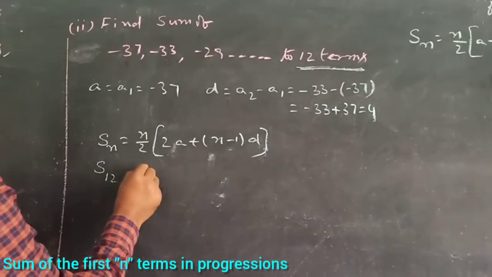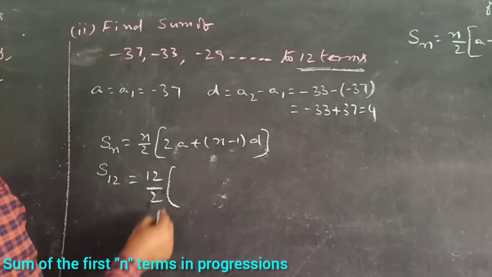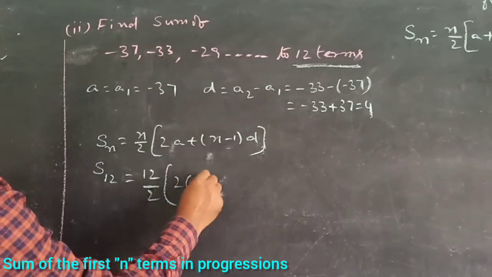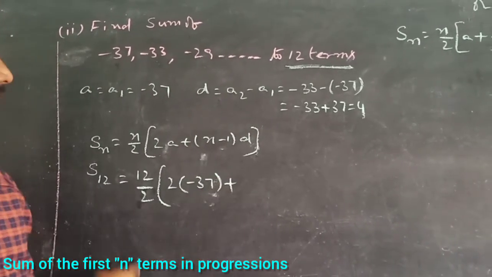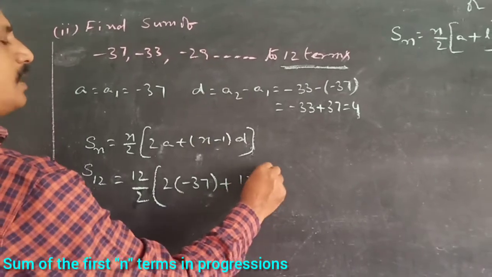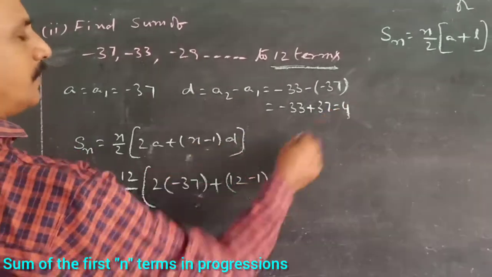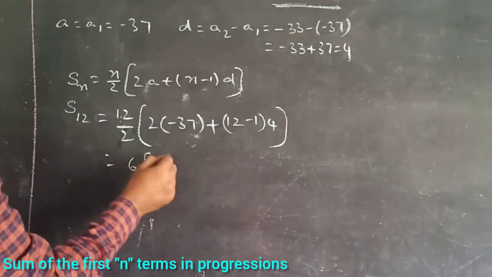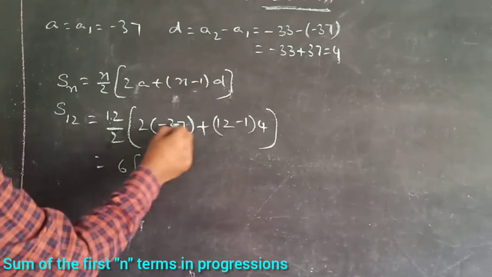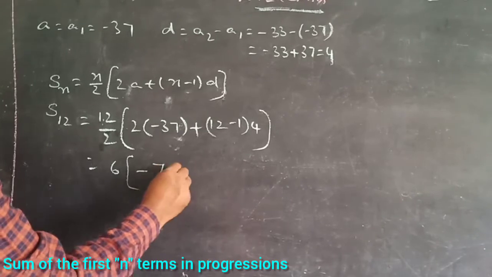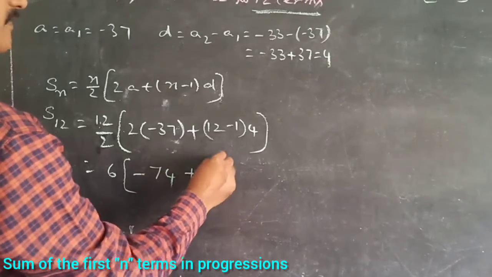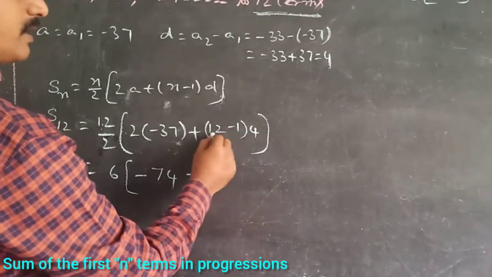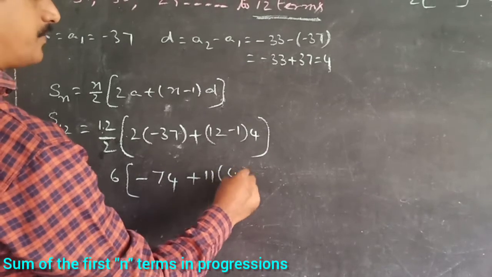So S12 equal to 12 by 2 into 2 into a, a equal to minus 37, plus n minus 1, 12 minus 1, into d equal to 4. So 12 by 2 becomes 6 into minus 2 37s are 74 plus 11 into 4, since 12 minus 1 is 11.